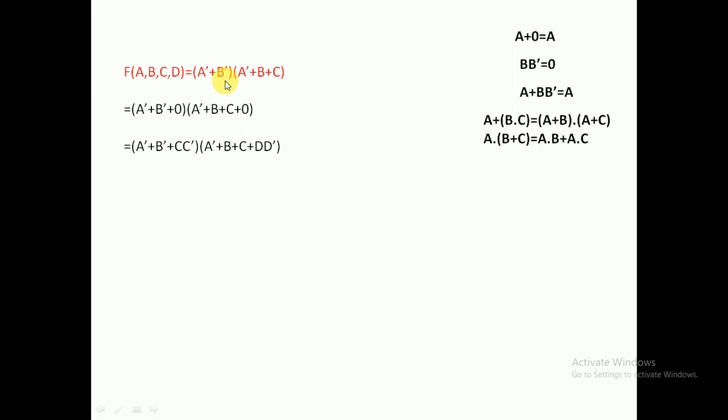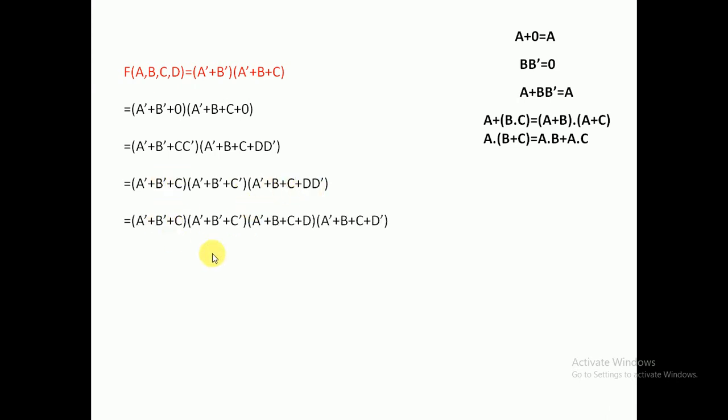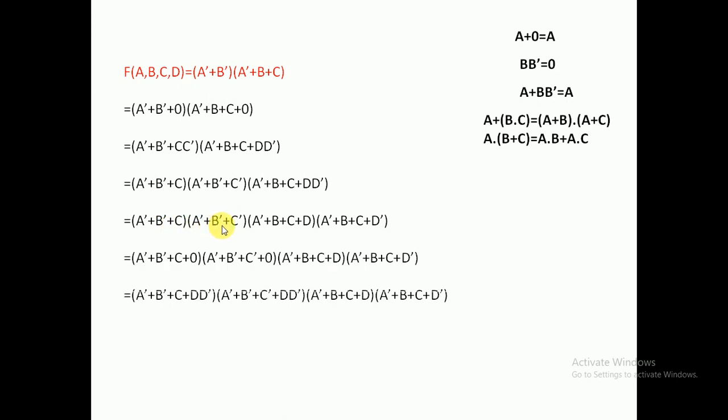Don't take plus 0 plus 0 directly; just fill one by one. Here I take plus 0 first, and since 2 variables are missing, you replace one by one: C dash, then D dash, the same procedure as the previous example. After that apply the distributive law, and you come to these 2 terms. Here D is missing, so add plus 0, and after that apply the distributive law.